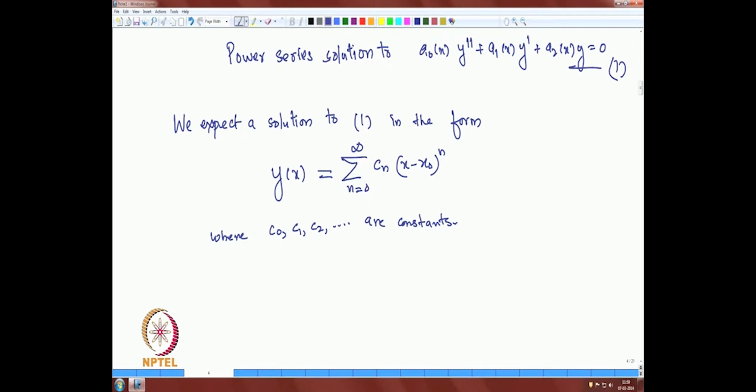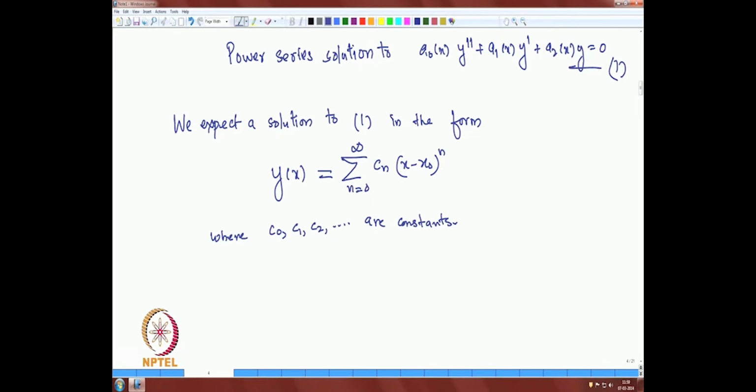So, we expect a solution to the variable coefficient differential equation 1 in a power series form, an infinite power series about a point x0.